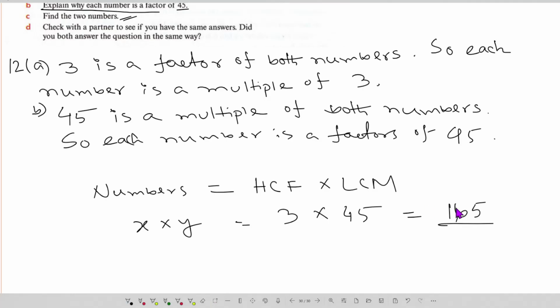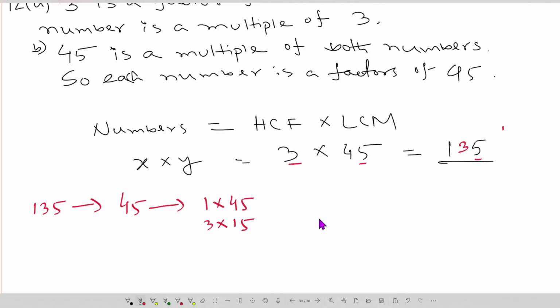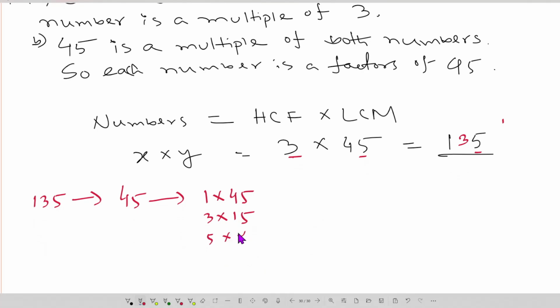Sorry, here it should be 135. 3 times 5 is 15, carry 1, 3 times 4 is 12, plus 1, it will be 135. Now look, here is 135. If we find the factors of 45, what will we get? 1 times 45, 3 times 15, 5 times 9.